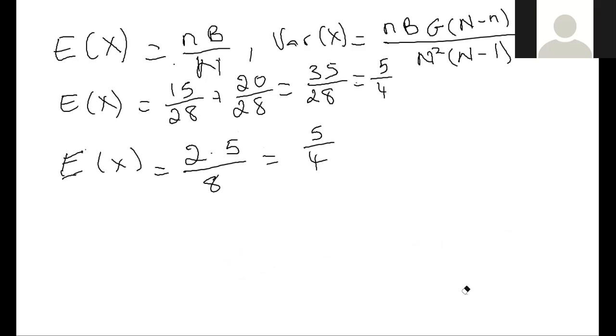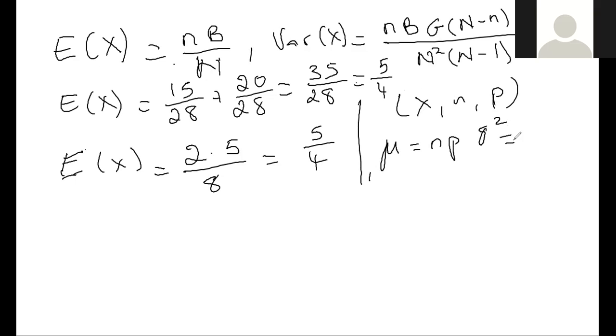Remember that for a binomial distribution, X with n and p, the mean was np, and the variance was npq. So this b over N is the probability of getting a blue ball when you select one ball out of N balls.